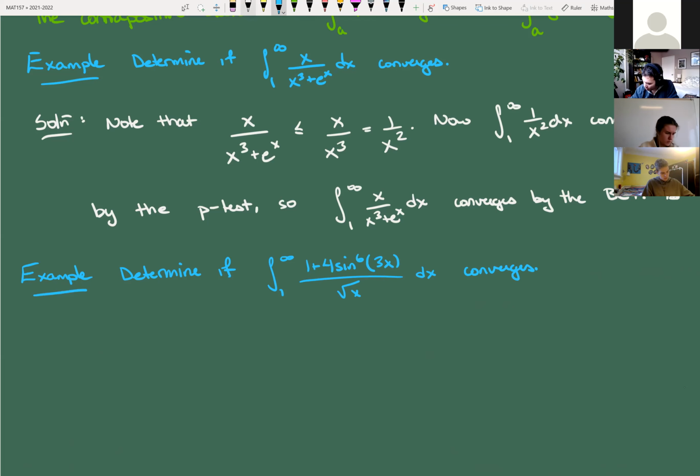Okay, and this isn't too bad, right? There's a lot of red herrings here. There's a lot of things designed to make this look worse than it is. So basically we know sine to the 6 is always between 0 and 1.